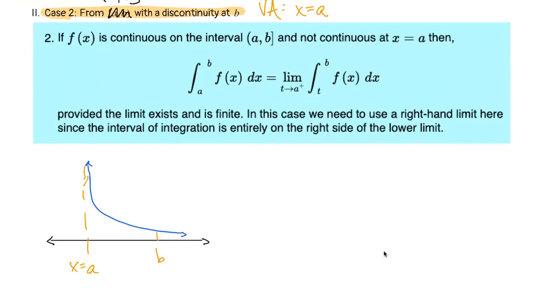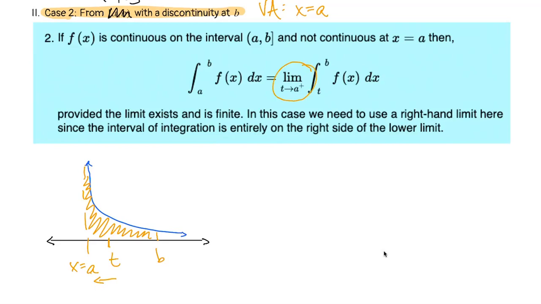And so we want to see on this side, does the function get close enough to that vertical asymptote fast enough so that we can find the area? Or does it approach that vertical asymptote but too slowly, and then we wouldn't be able to find that area? Now, if we look at a t value, we're going to be picking a t here, and we're going to be approaching a from the right.